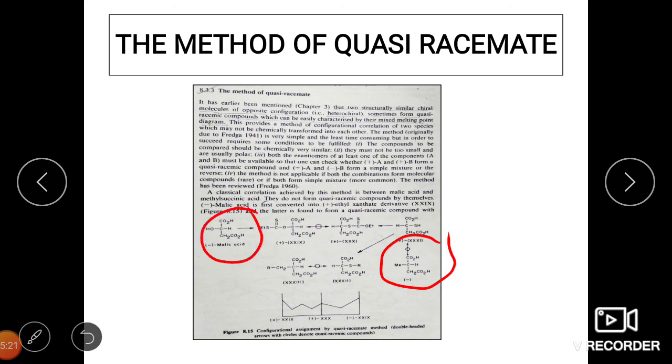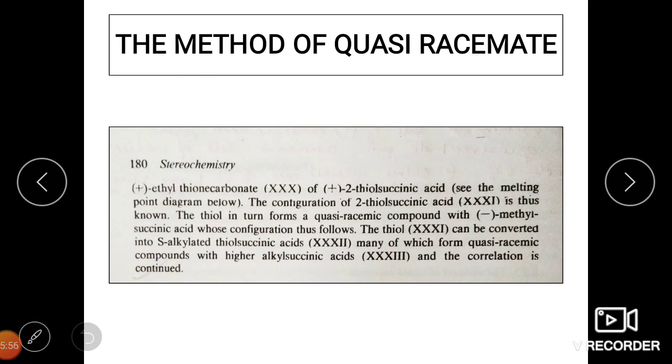So finally we can make sure that malic acid and methyl succinic acid have the same configuration, or you can say these two are quasi-racemates, but you are not going to derive this directly because they cannot be directly interconverted. So first we go through this process, and then we can finally come to the conclusion that malic acid and methyl succinic acid are quasi-racemates in nature, and their melting points are also mentioned here. So this is how you are going to write the method for the quasi-racemate, and this is again a further explanation for that.